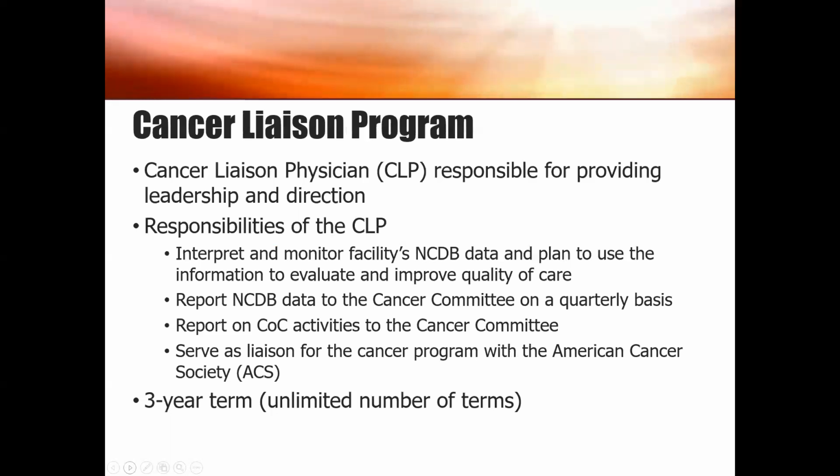The CLP would say, this is coming, here is when they plan on implementing, and then it actually got delayed. So then the CLP said, hey, it's been delayed. That way your cancer committee just stays up to date with everything that's going on. And then they also serve as liaison for the cancer program with the American Cancer Society.